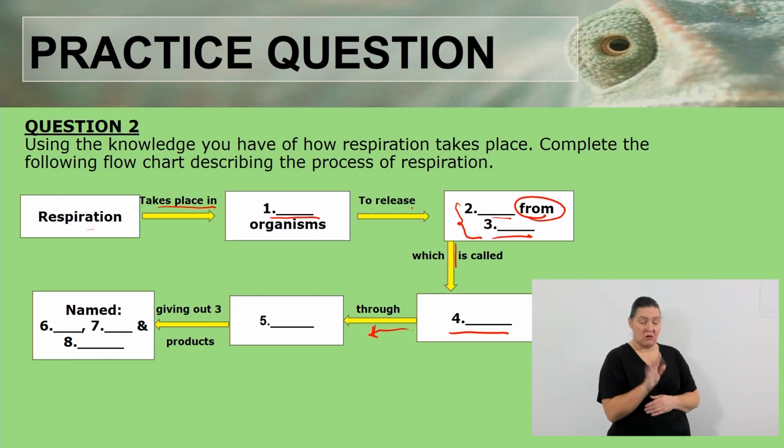Through number 5 again. And then the last one says giving out 3 products. And these products are 6, 7, and 8. So now if you remember the summary of how respiration takes place, then you would be able to complete this flow chart. But while you are thinking about it, we are just going to swiftly move on to our solution.